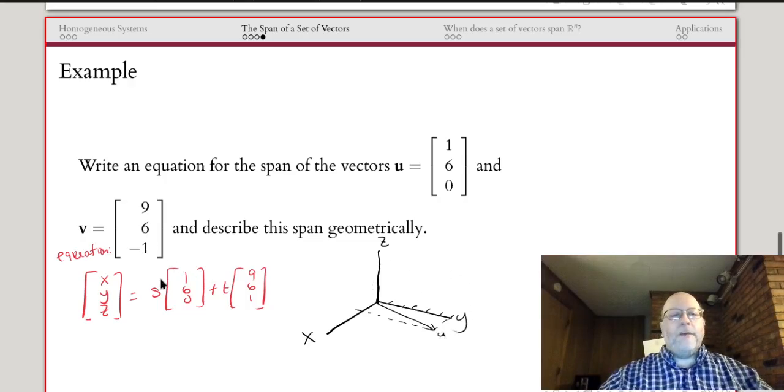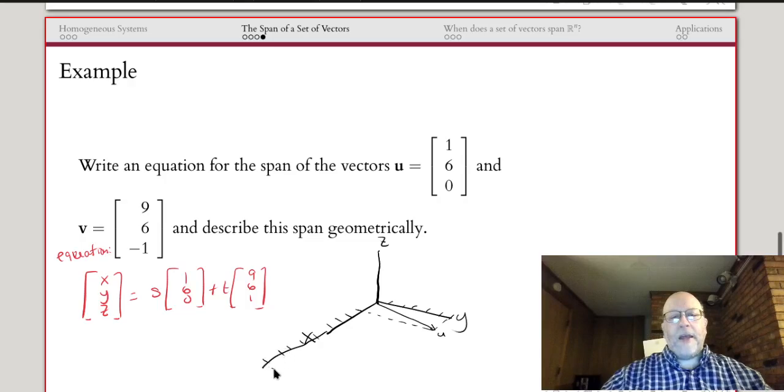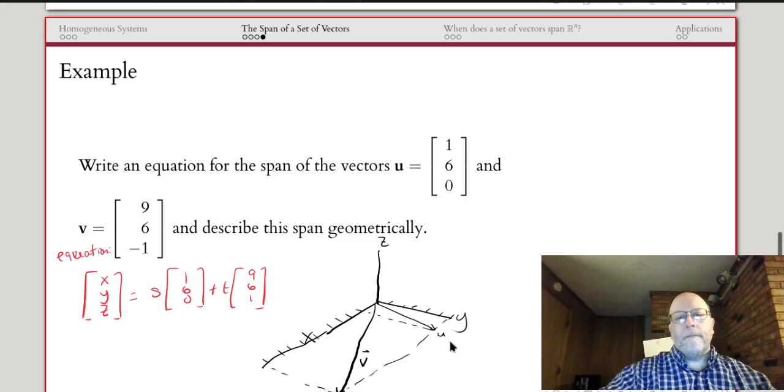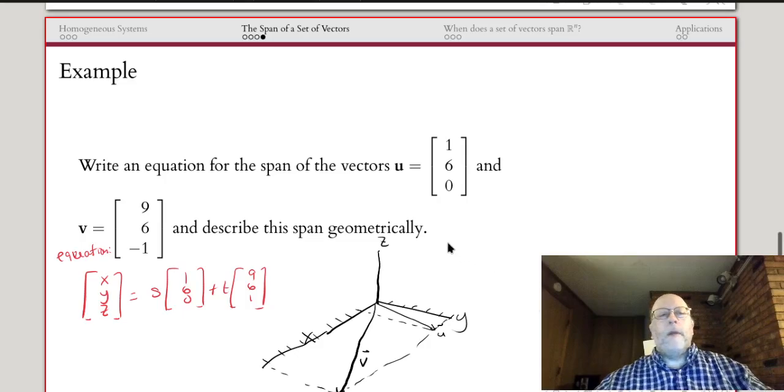And then (9, 6, -1) is a vector that travels, this is going to go off the edge of the screen, I think, 3, 4, 5, 6, 7, 8, 9, maybe just barely fits. 9, 6, negative 1 is going to be down here, because it's going to be actually below this intersection. And that's going to be the vector v. Those are what the two vectors look like individually.